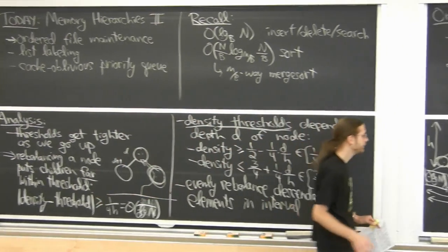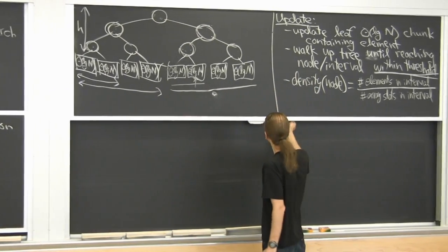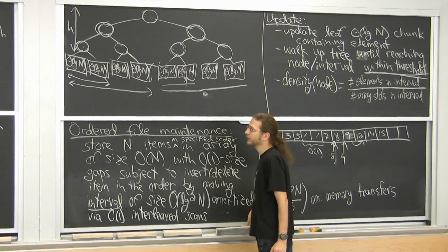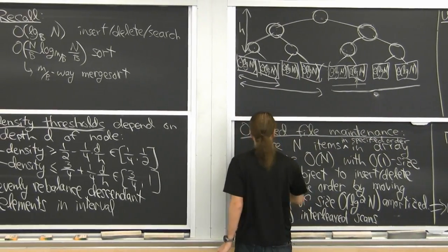Let's go over here. So the idea is if we're far within threshold, we can charge to those items. That's our goal.